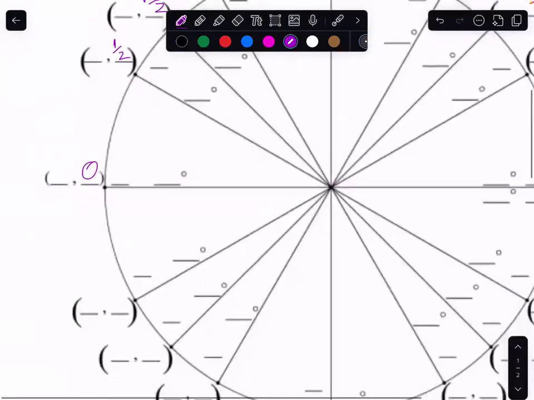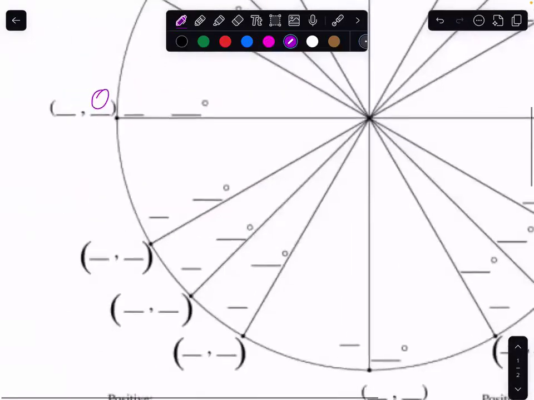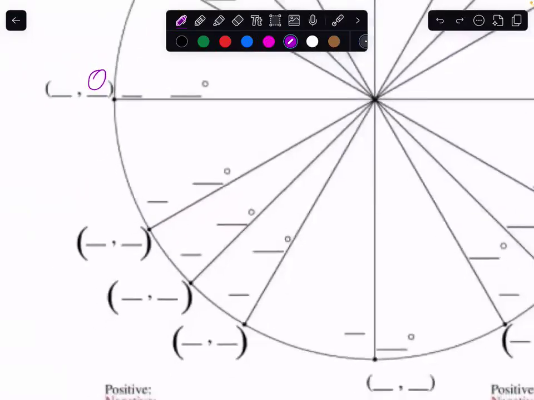Okay, so now for the negatives, again, the lower you go, the more negative. Okay, so below 0 would be negative 1/2. The next point is a little bit lower, so a little bit more negative. So negative radical 2 over 2. Next, even more negative, radical 3 over 2. Here it's as low as you can go, negative 1.